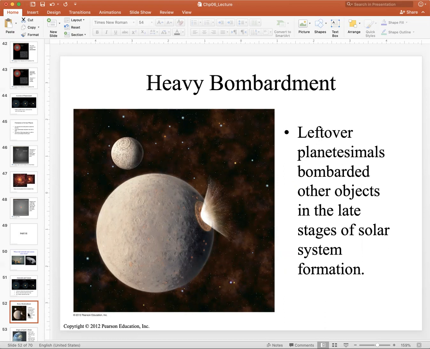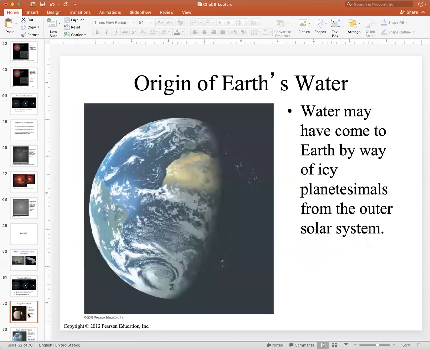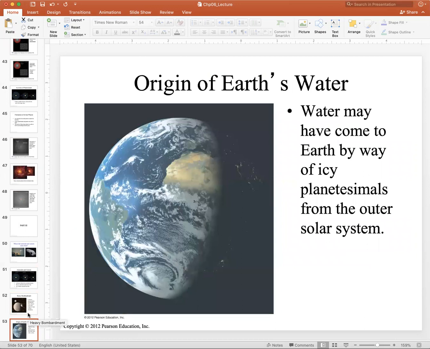Some of them date back to 4.5 billion years, some to 3.9 billion years, which means that heavy late bombardments happened.